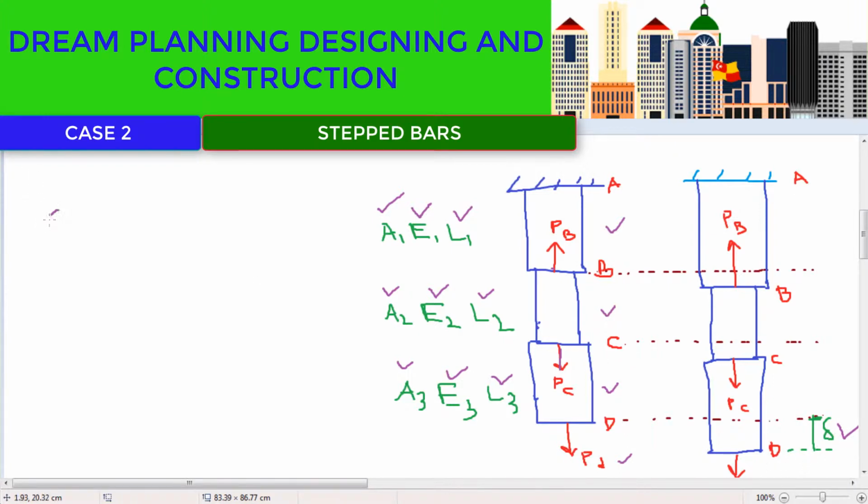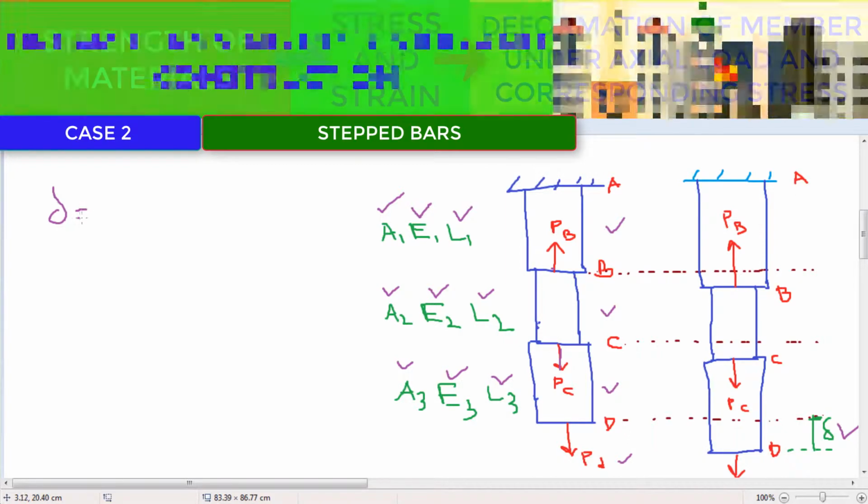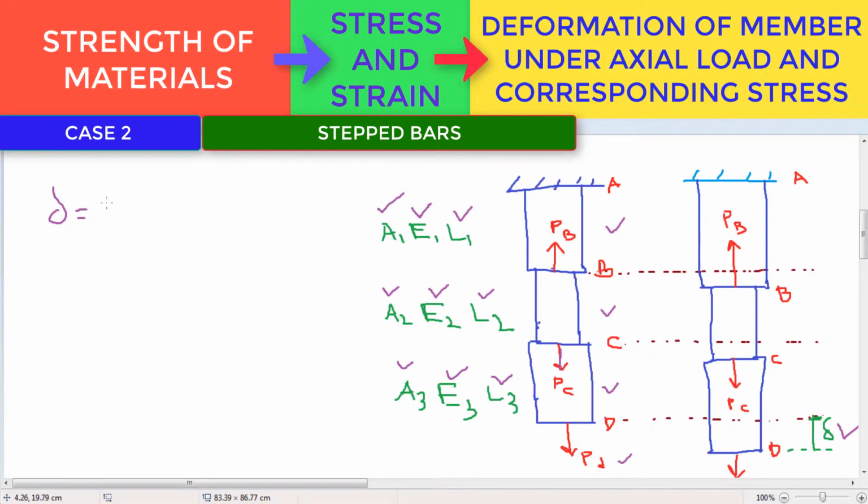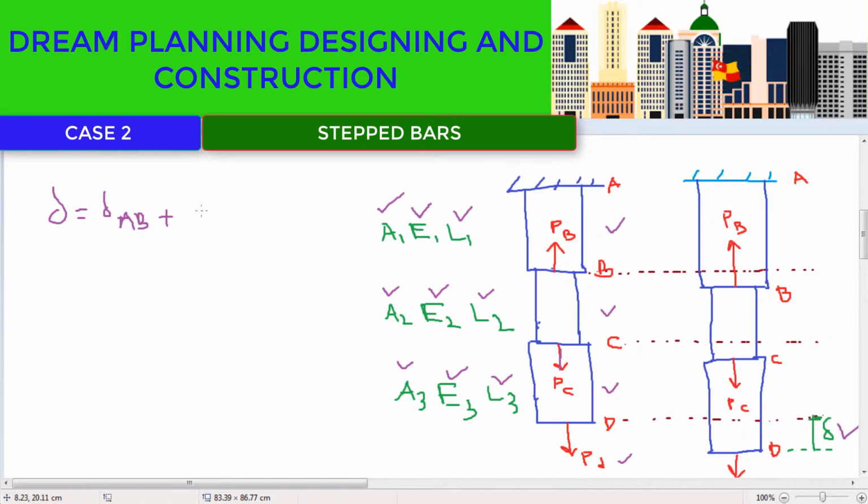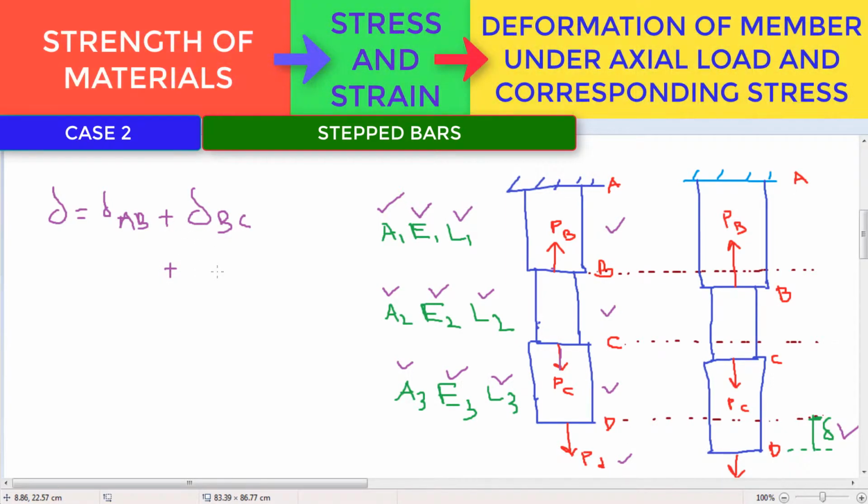Here del equals the deformation of member AB, that means del AB, plus the deformation of member BC, that means del BC, plus the deformation of member CD, that is del CD.